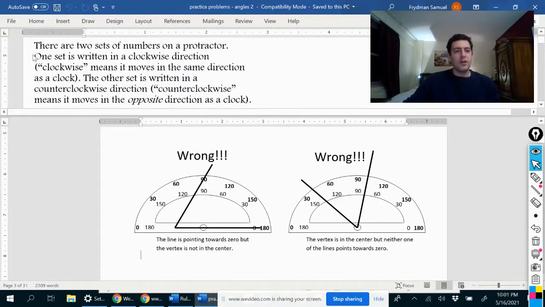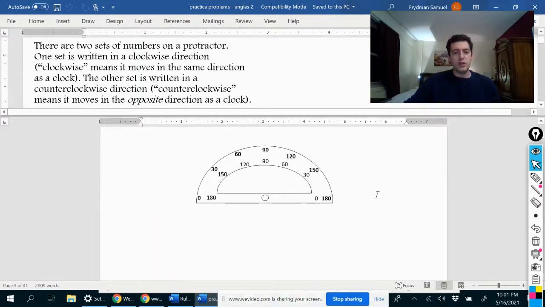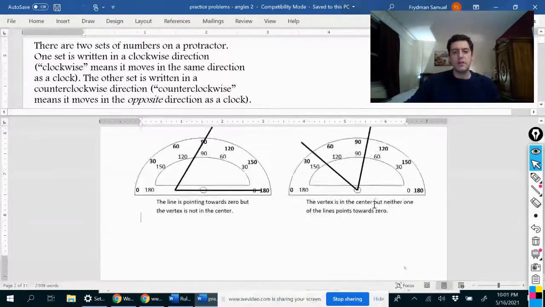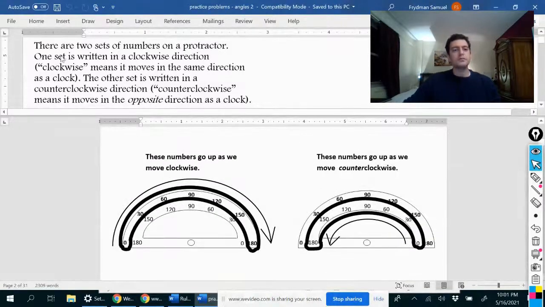Okay, now there are two sets of numbers on a protractor. We already talked about that. So actually, I think I have a better picture. One set is written in a clockwise direction. Clockwise means moving in the same direction as a clock.